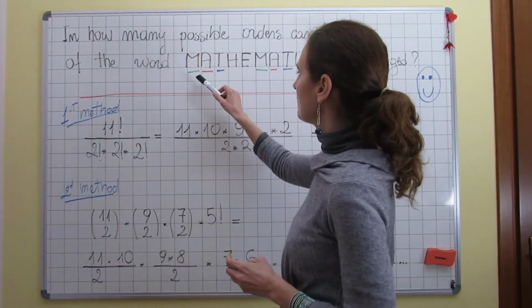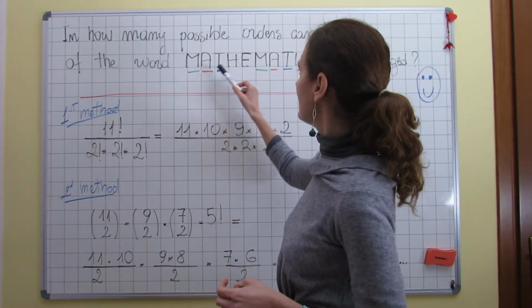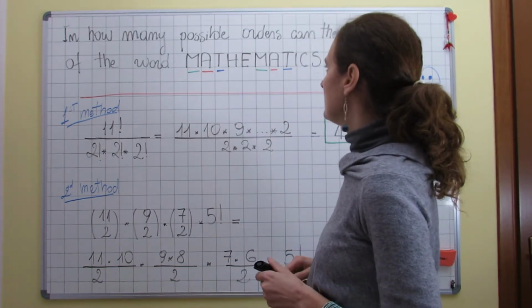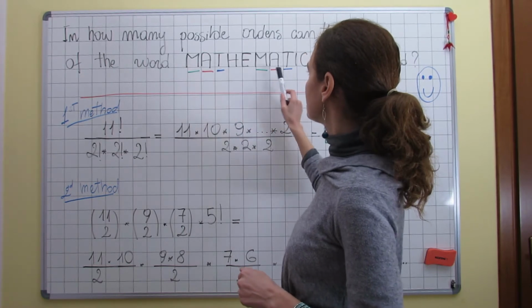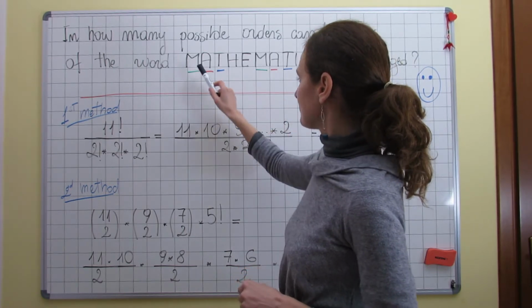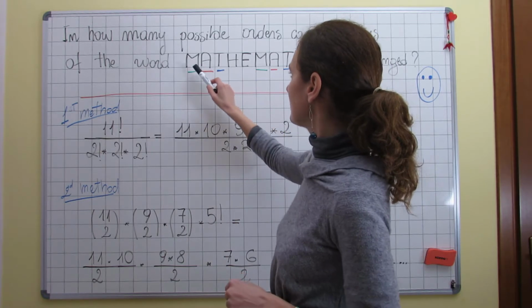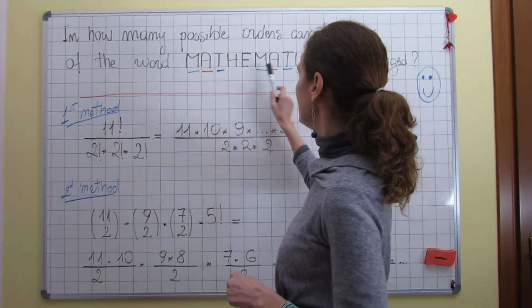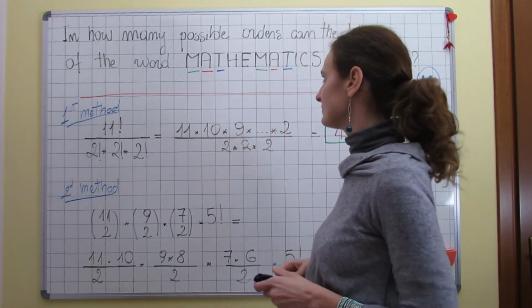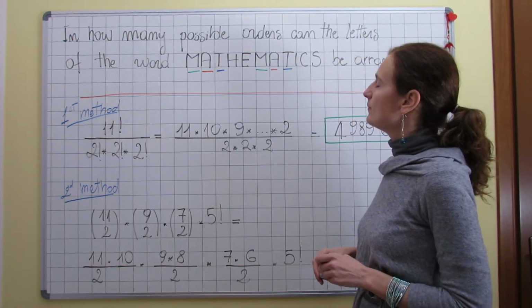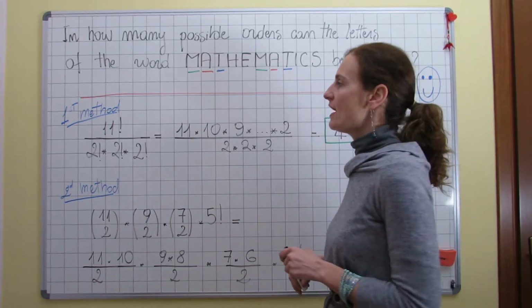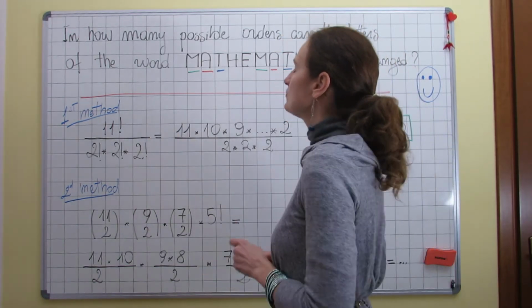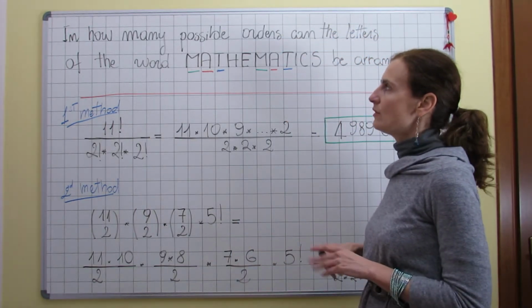So we have a word with 11 letters and there are three couples of equal letters. So there are two M's, two A's and two T's. If the letters were all different, there would be 11 factorial possible orders.